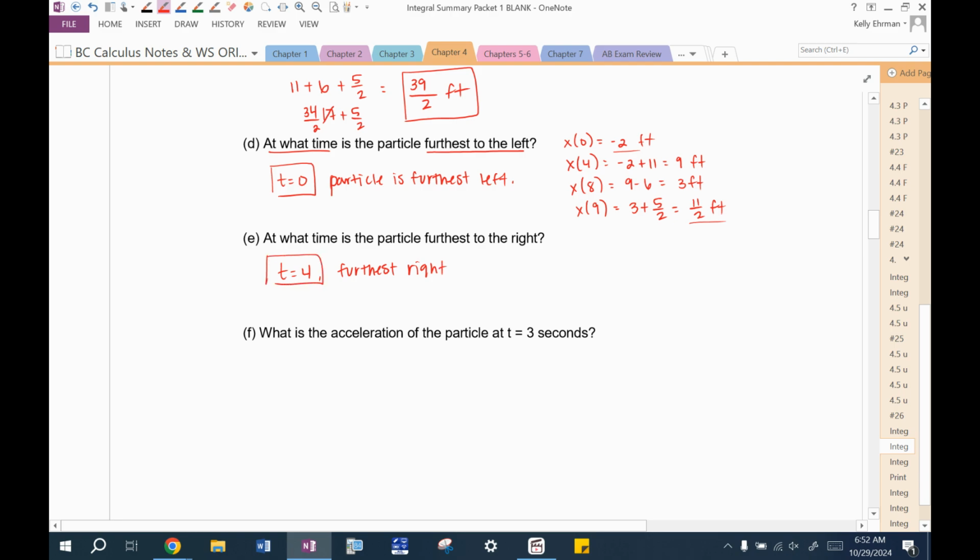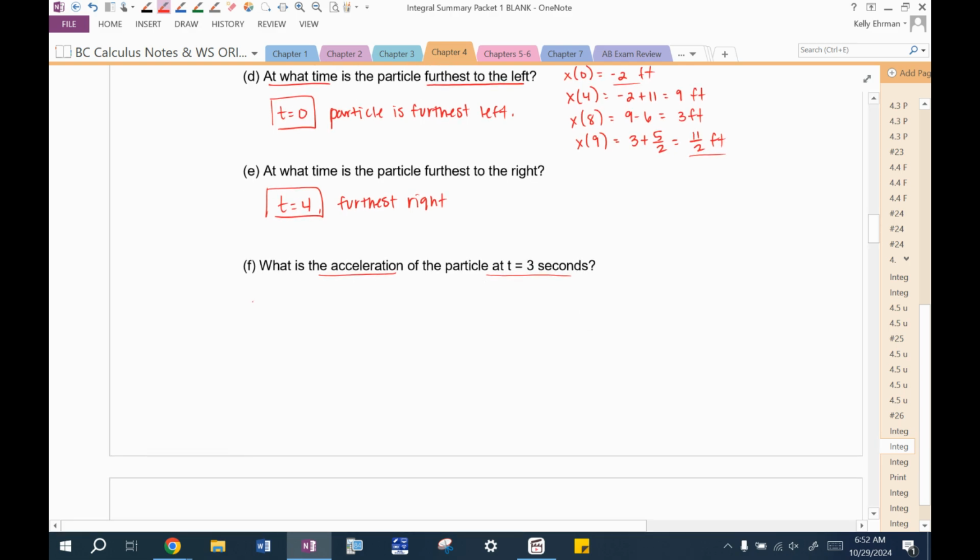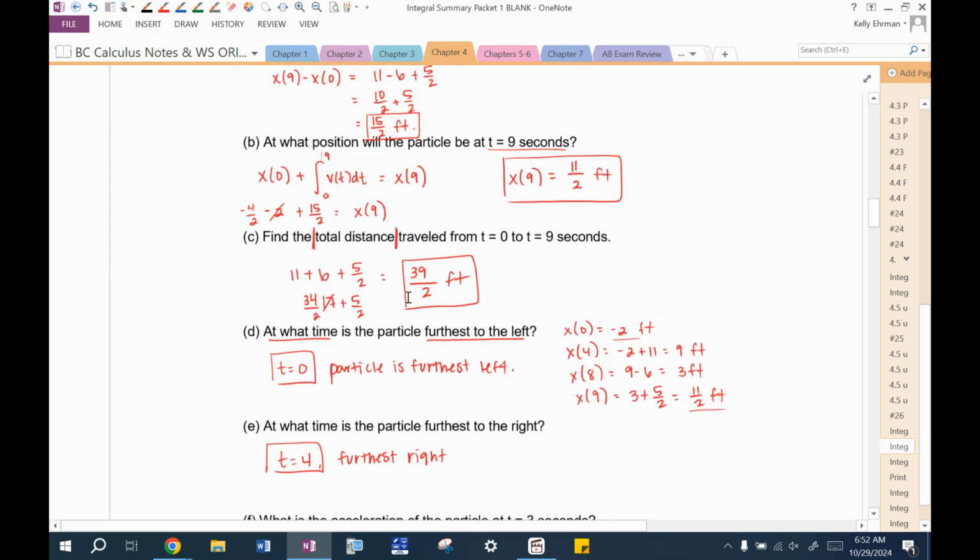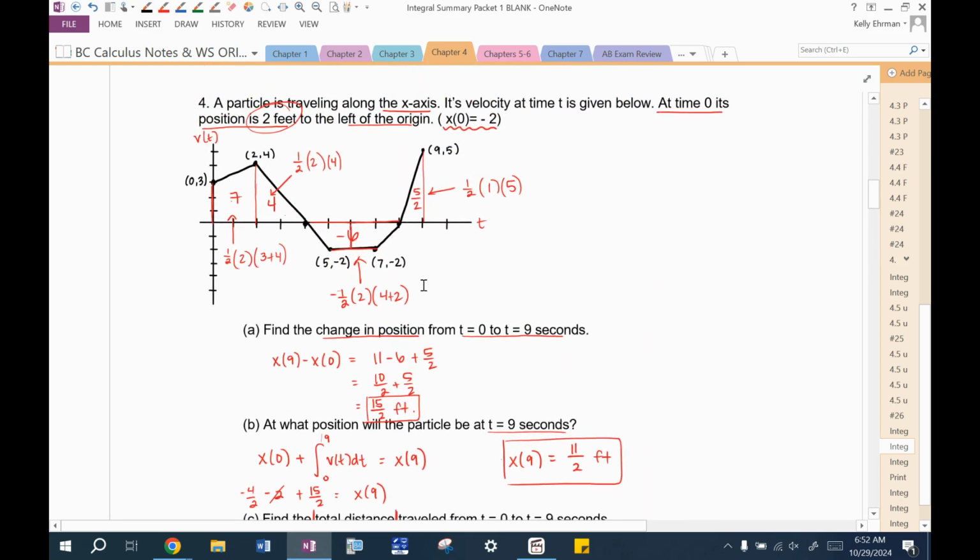Okay. What is the acceleration of the particle at 3 seconds? So, okay, what is acceleration again? Acceleration at 3 is equal to v prime of 3. And we don't have an equation for v, but remember, this just means what is the slope of v of t at t equals 3 seconds. So take a look at your graph. Find 3 seconds. 3 seconds is right here.